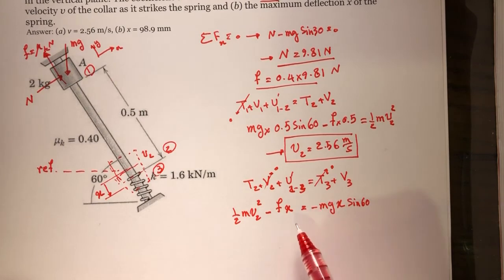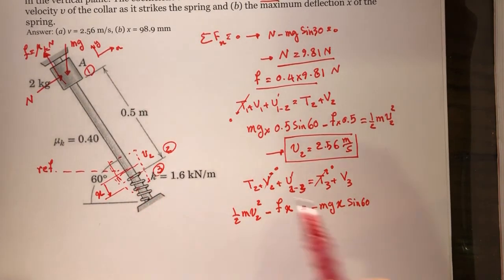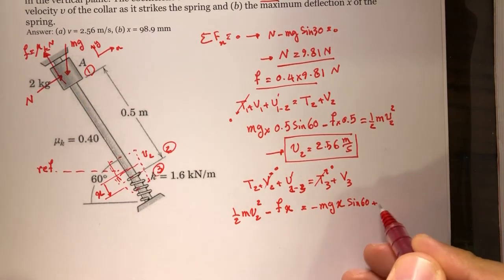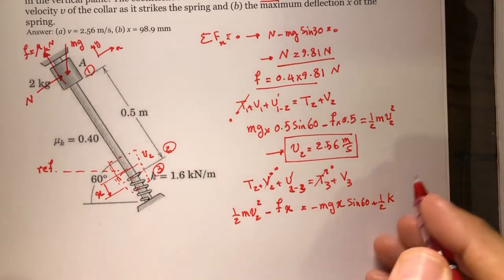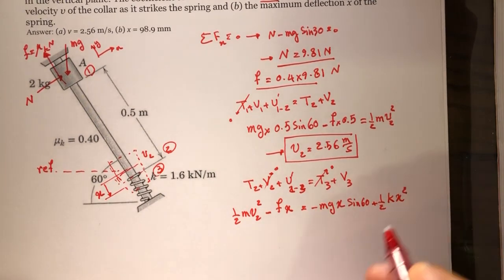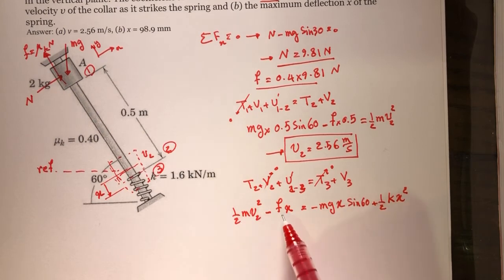And we have potential energy in the spring, which is 1/2 of k, which is given, times x squared. Now look at this equation. We know the velocity, so we have everything here. The friction force we know, and mg we know.